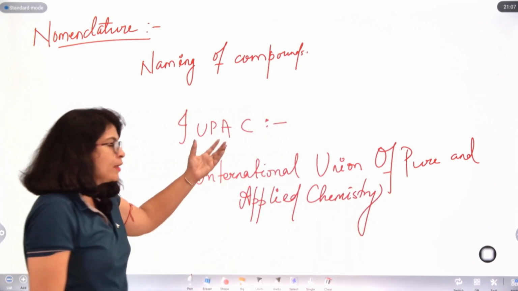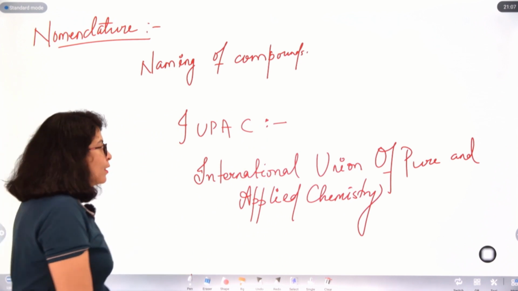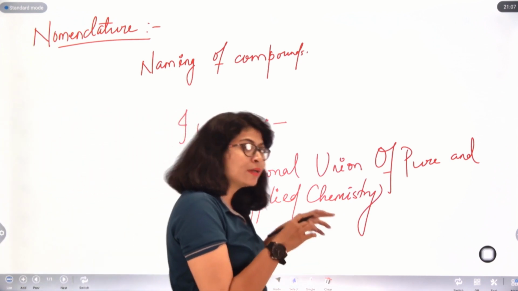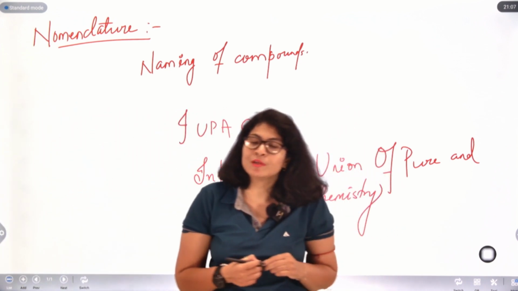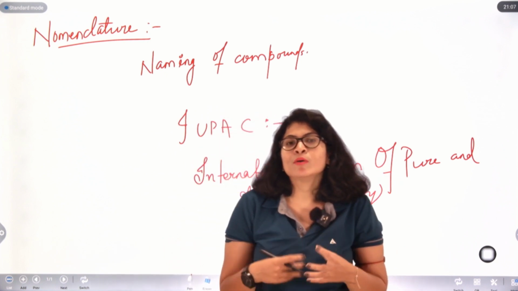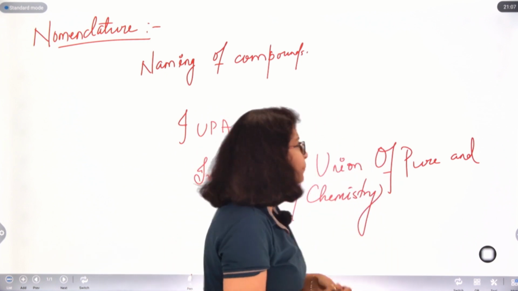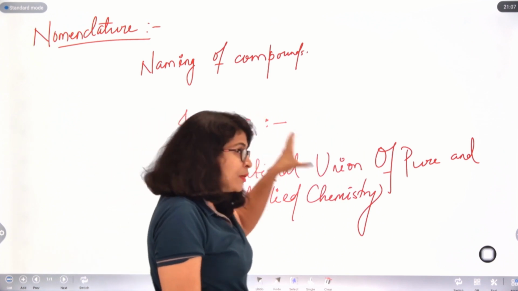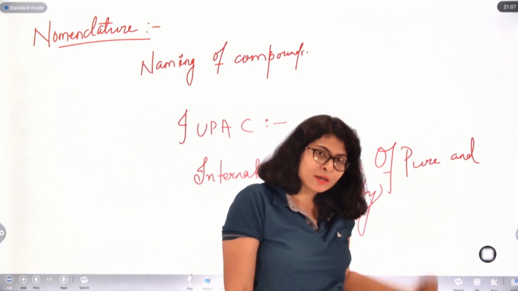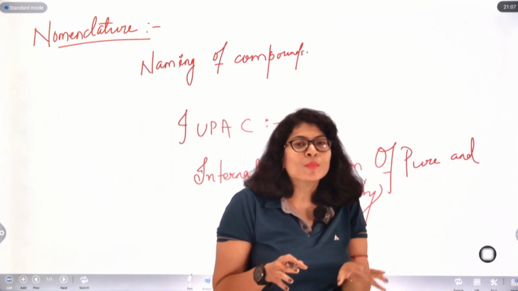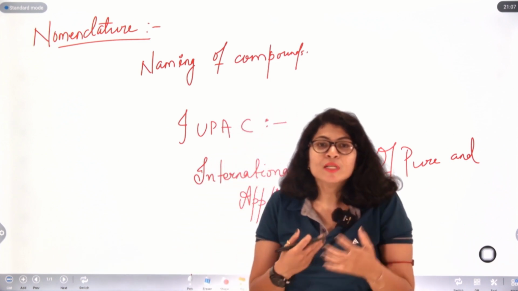So this particular organization called IUPAC is authorized to give the official name whenever an organic compound is discovered or born. Okay. Now, that particular organic compound has a name given by IUPAC. It also has a common name with which it is commonly known.